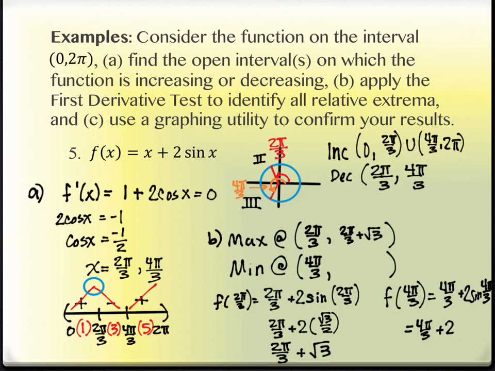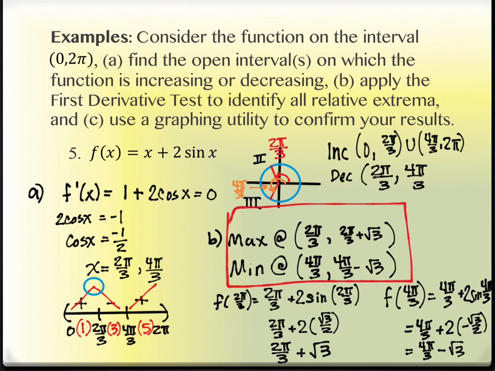It's just the same thing but negative, right? Yeah. So it's negative square root 3 over 2. So my value ends up being 4 pi over 3 minus the square root of 3. So I've got kind of a mess on my screen, but this is the answer for part B.